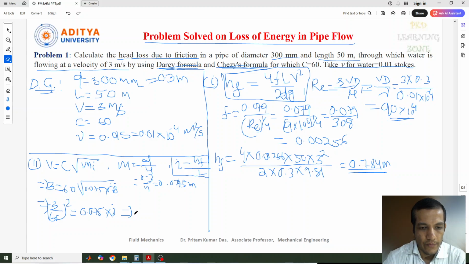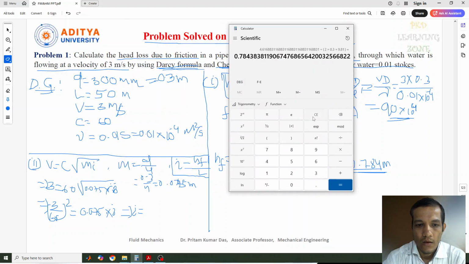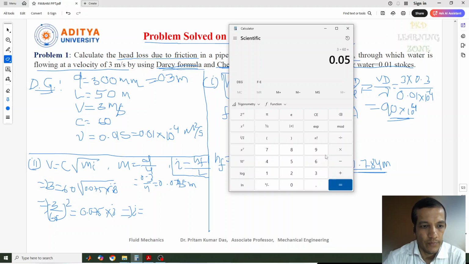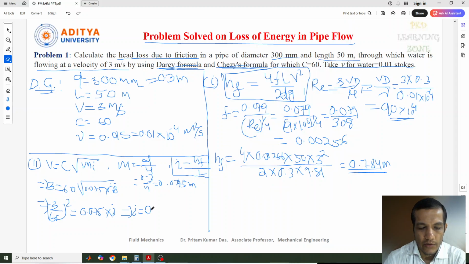So now I equal to 3 by 60, that is 0.05, 0.05 square, divided by 0.075. So it's 0.00333, we got 0.0333.